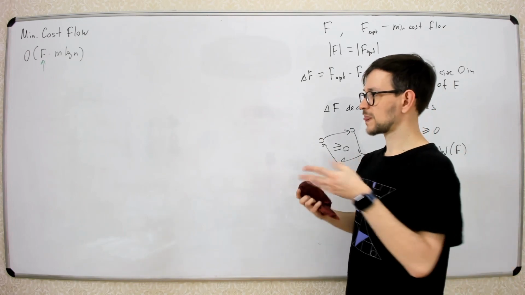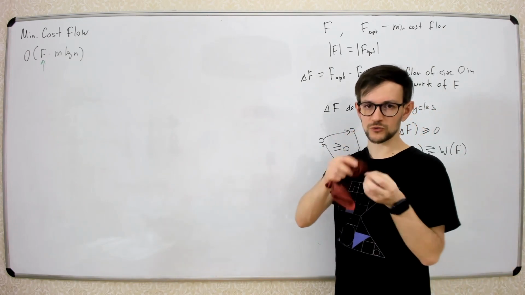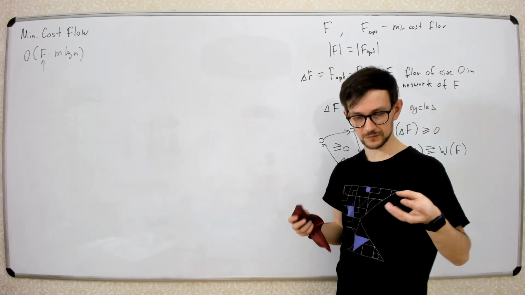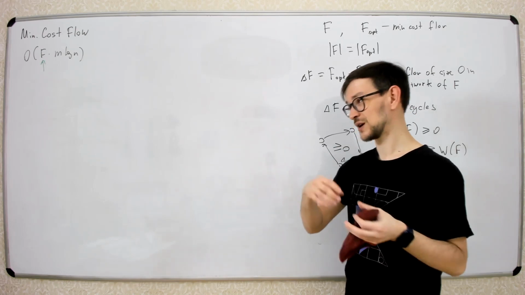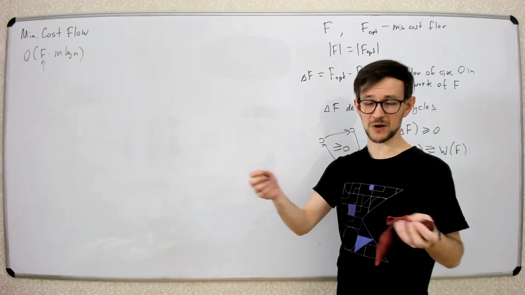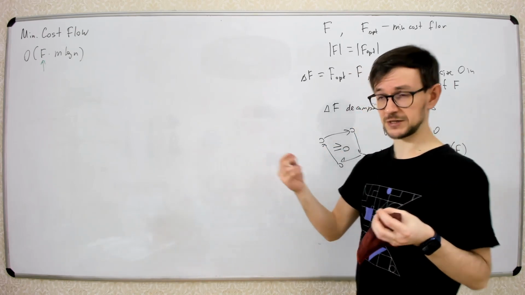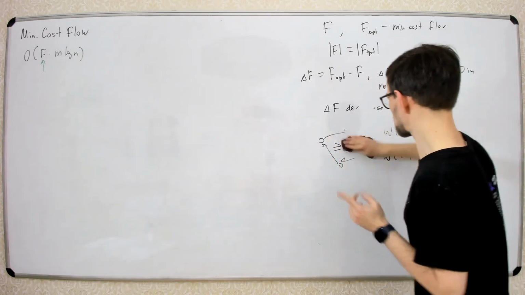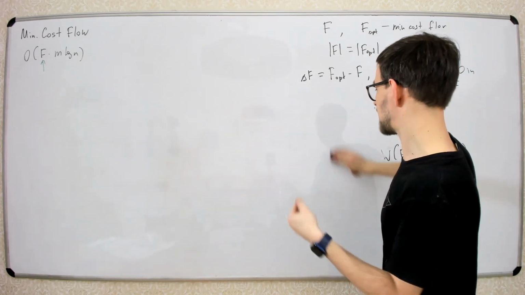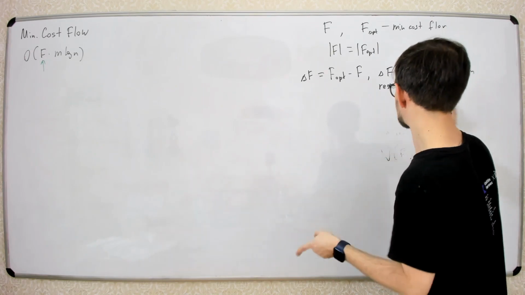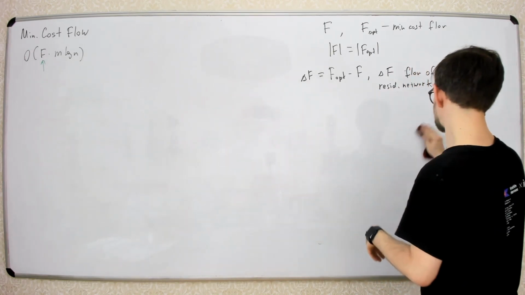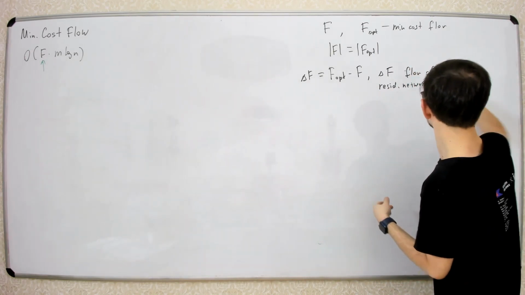So we use these powers of 2 to find not just some augmenting path, but an augmenting path of big capacity. We'll do something similar here. In the end, the complexity will have not the amount of flow, but the logarithm of it.